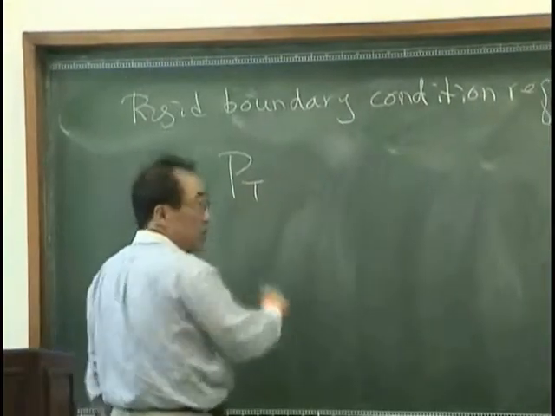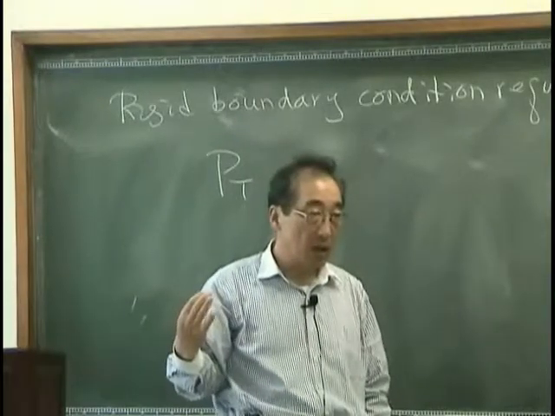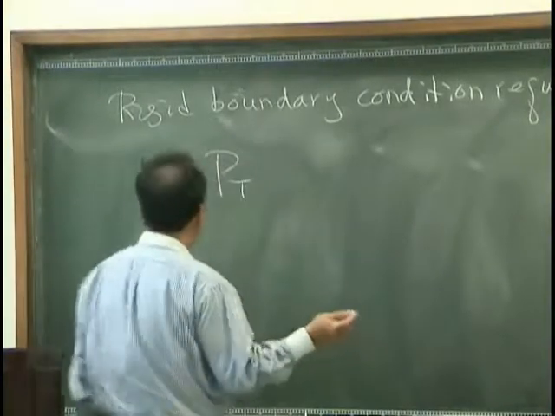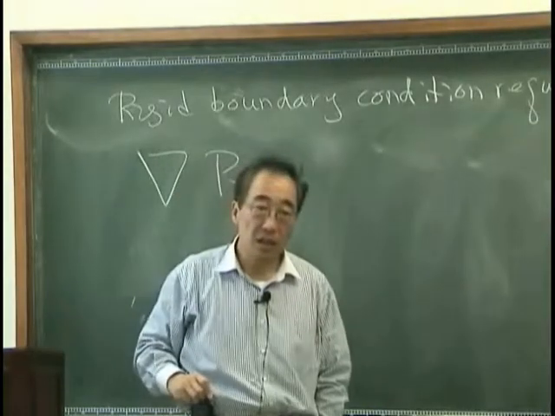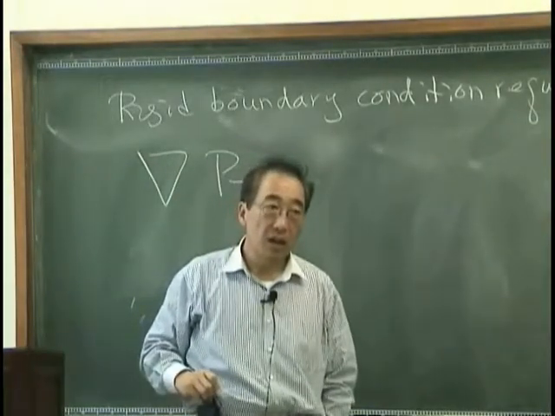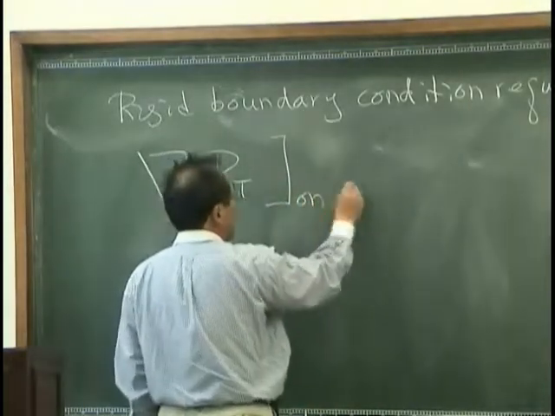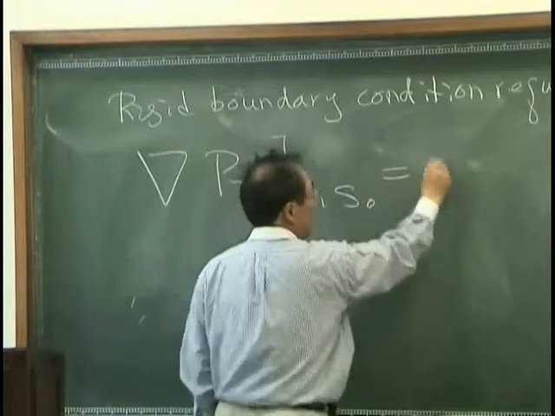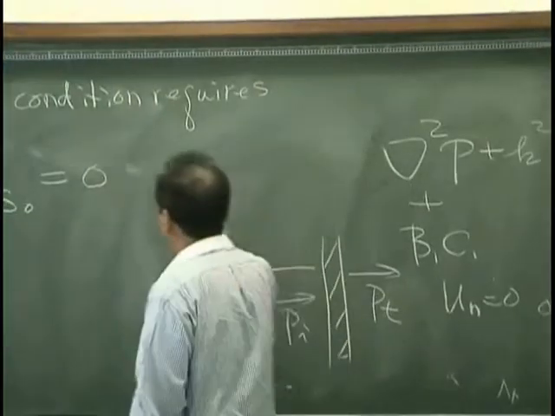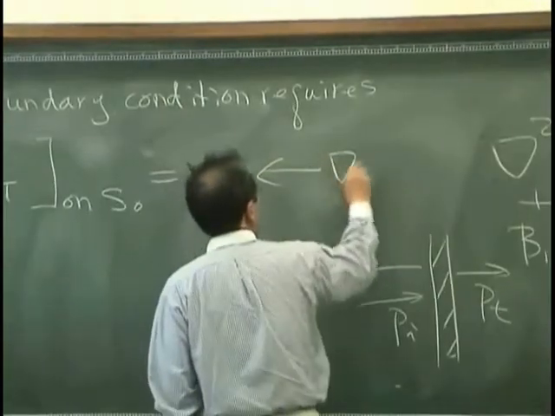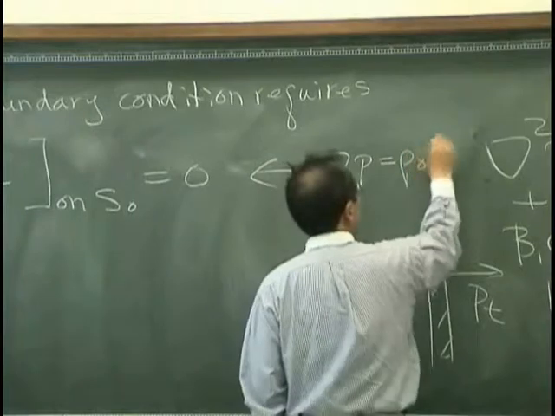The gradient of PT, that is the total pressure, on S0 has to be 0, because gradient P is related to the velocity.